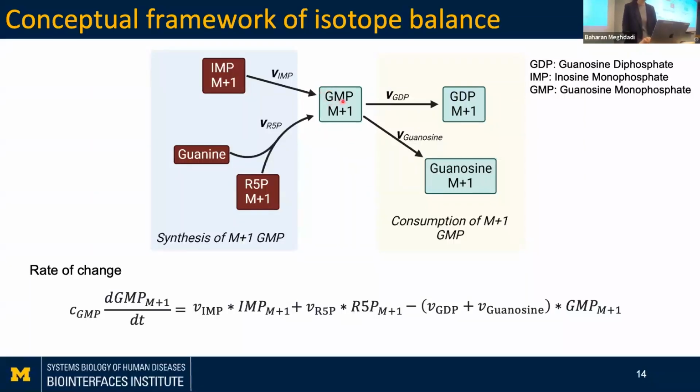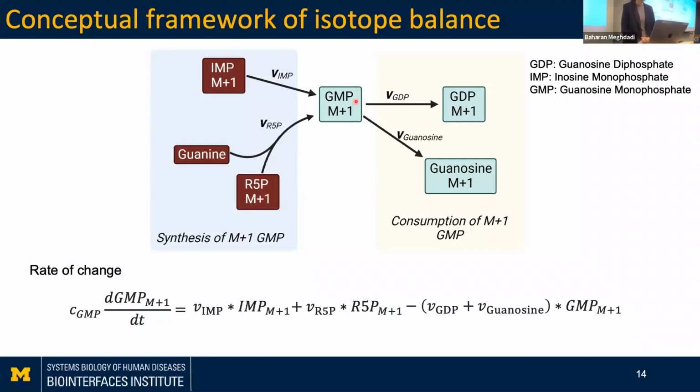So here we have a metabolite, guanosine monophosphate, with the enrichment pattern of N+1. So GMP can be produced from IMP, inosine monophosphate, or through guanine and R5P. Guanine is non-labeled, but R5P has N+1 labeling.